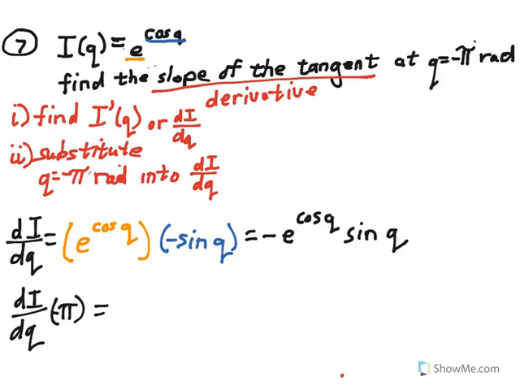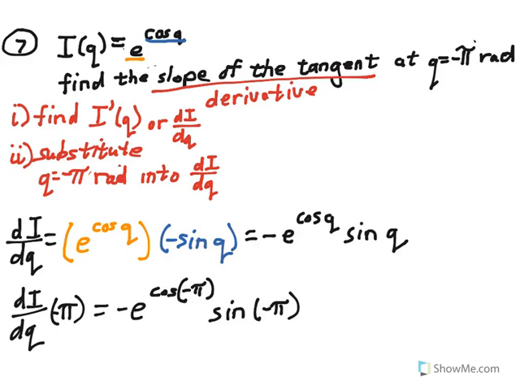So that's going to be negative e to the cosine of negative pi radians times the sine of negative pi radians.